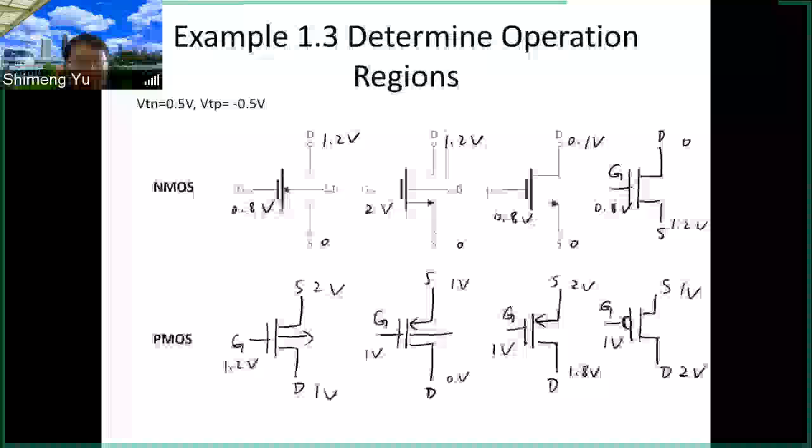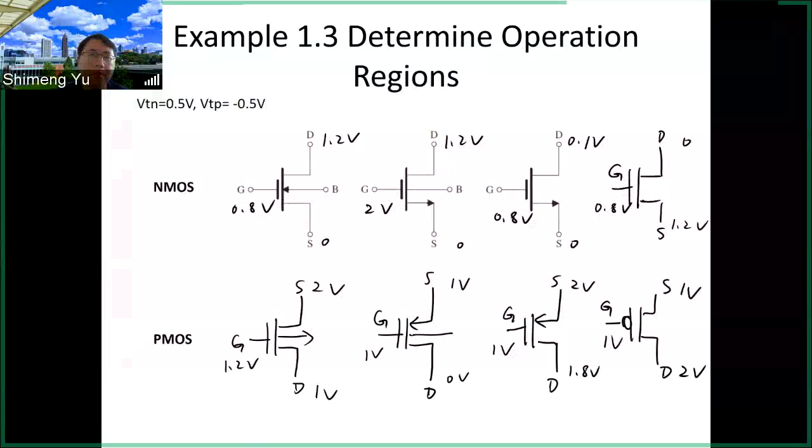And next, we are going to have one example to determine the operation regions of the NMOS and PMOS given the bias condition. The question is simple. Just answer what operation region those transistors are in, with those threshold voltages and the bias, like the gate voltage and drain voltage.